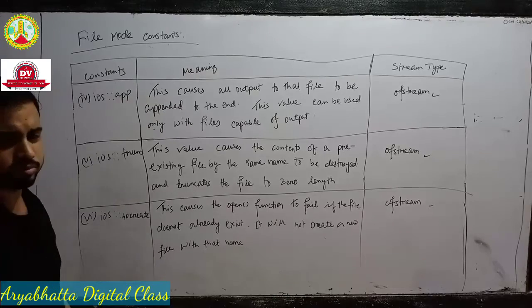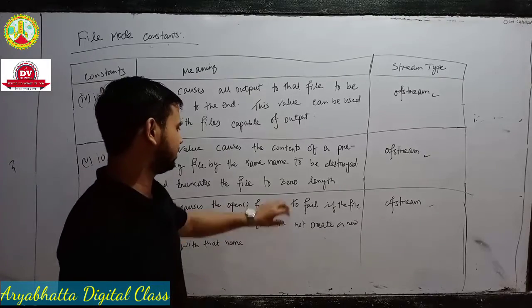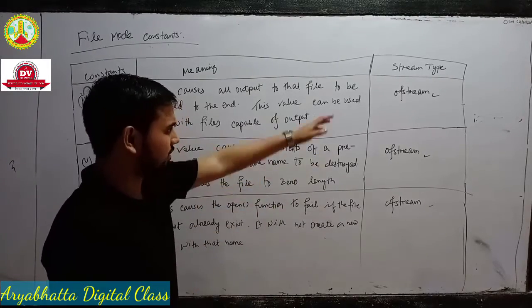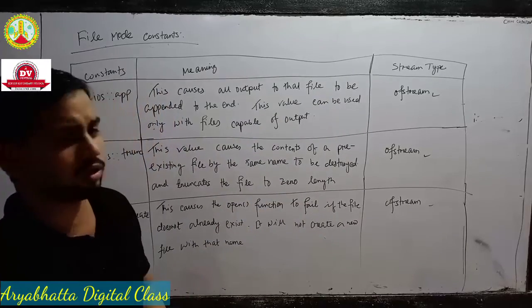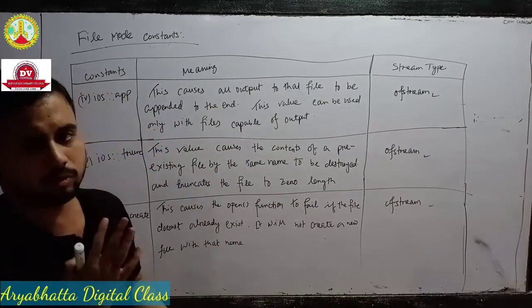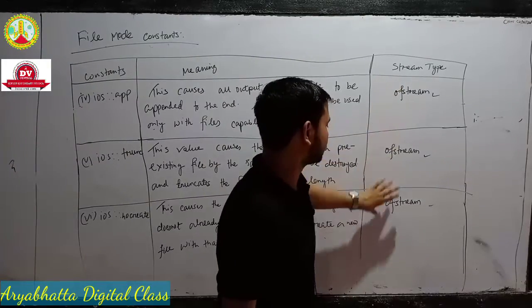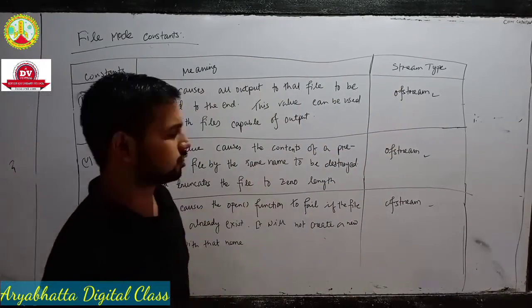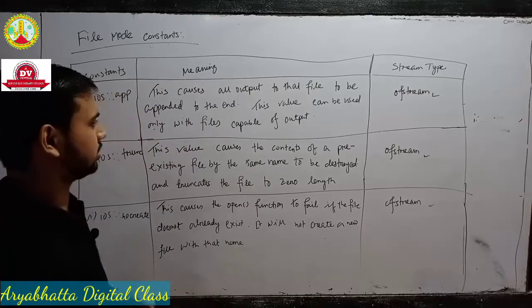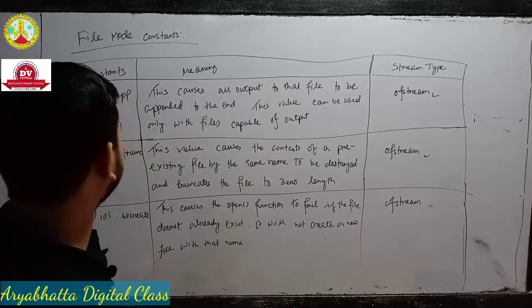All of these are ofstream, meaning all are for output purpose, not input purpose. Both three file modes are for ofstream, and it is not for the input purposes, right?